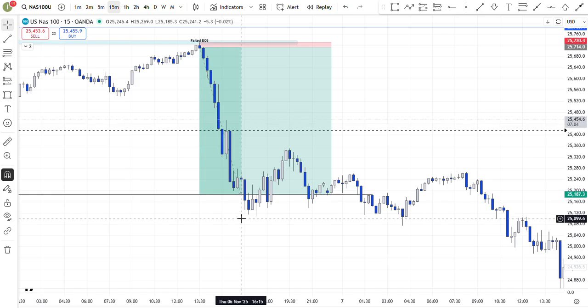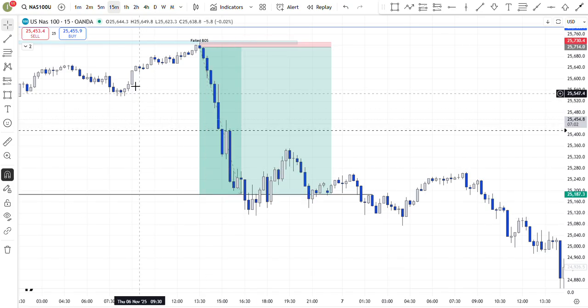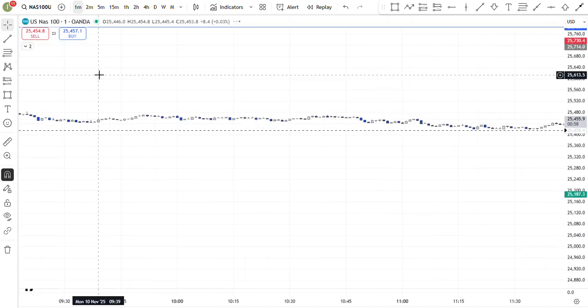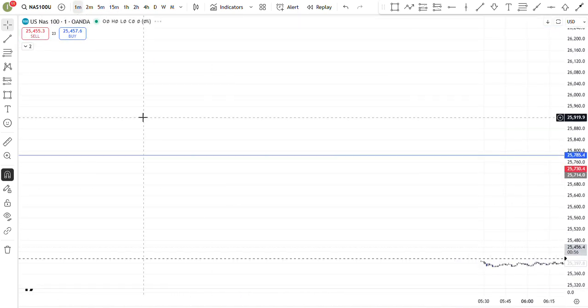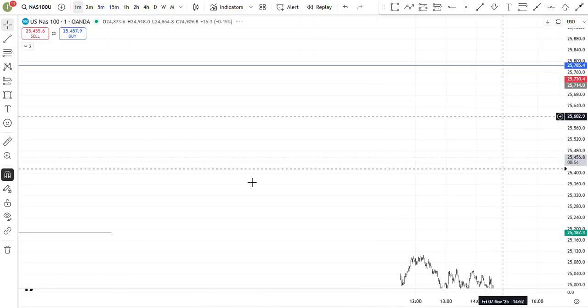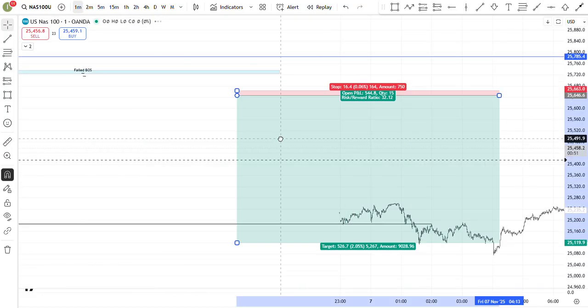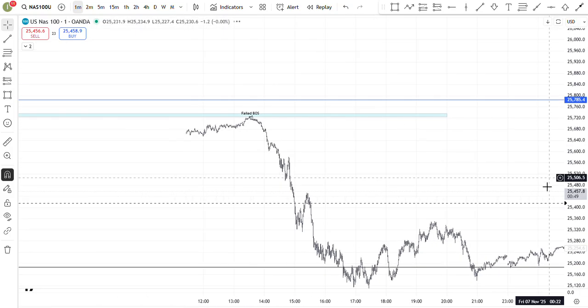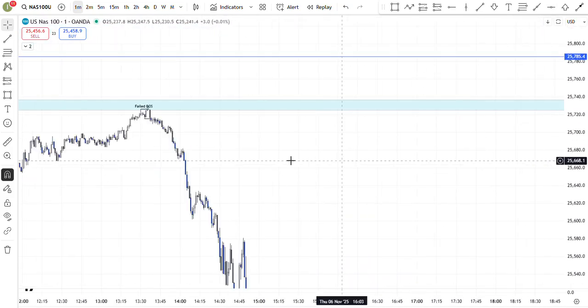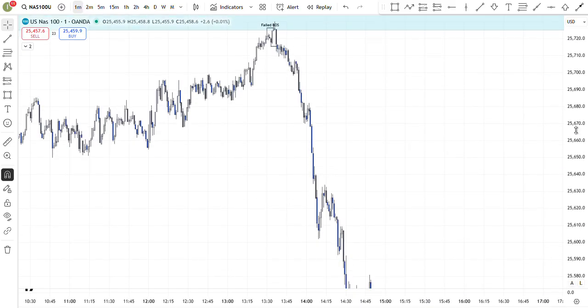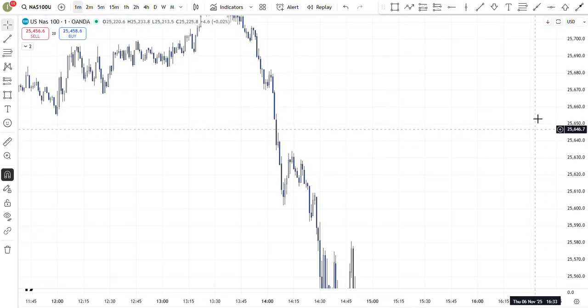So what do I do when I'm actually in a trade to make sure that I'm happy to hold it? So this was a 1 minute entry. Let me go back to where that entry was. And I'm going to use the same rules that I apply over and over again to manage that trade. So we know we entered here. I'm just going to remove that kind of entry signal on that one.